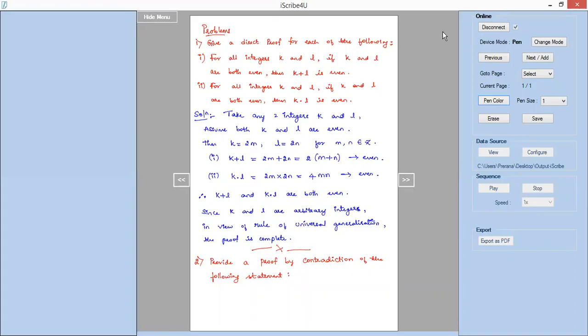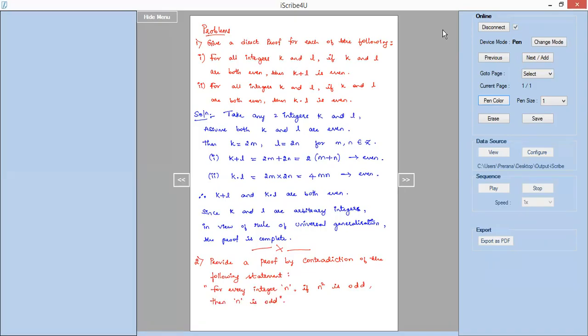For every integer n, if n square is odd, then n is odd. So this is the given statement for us.